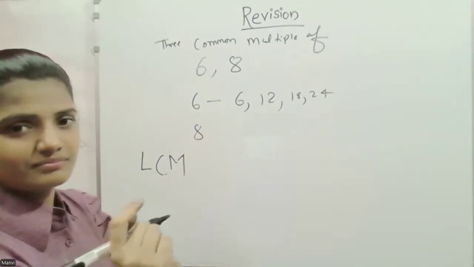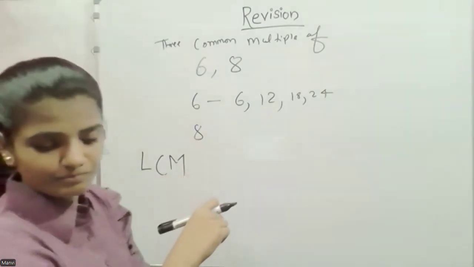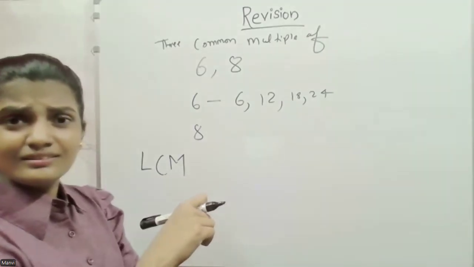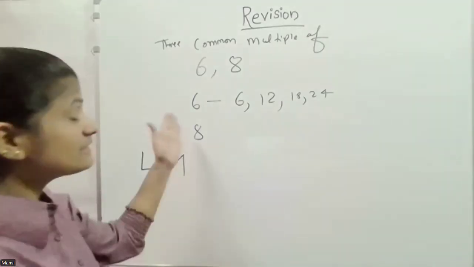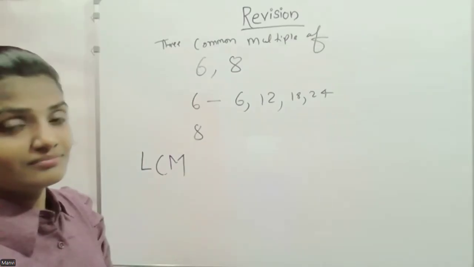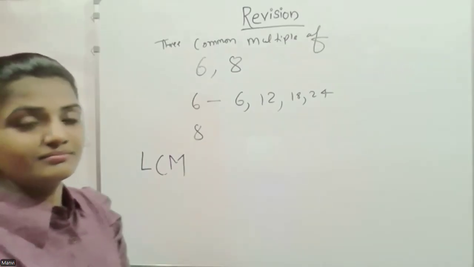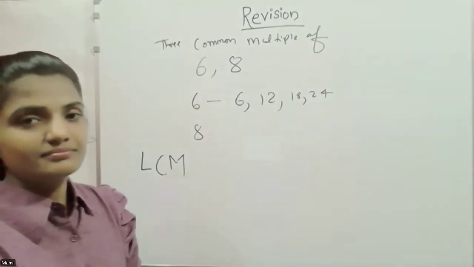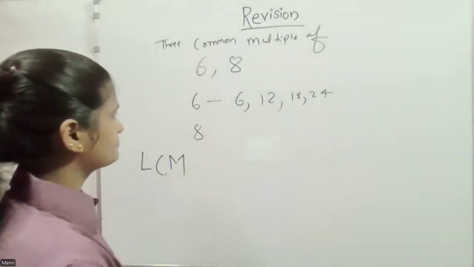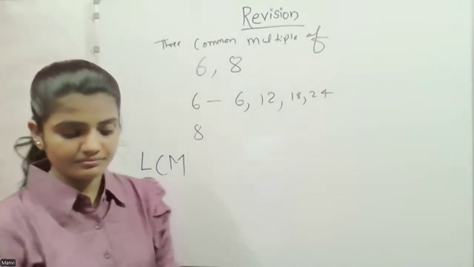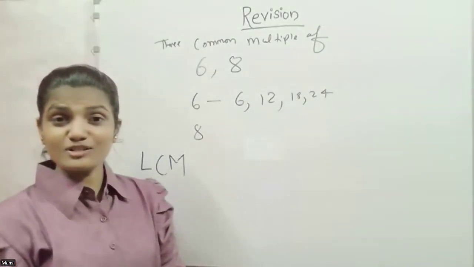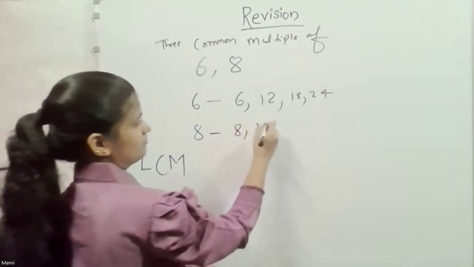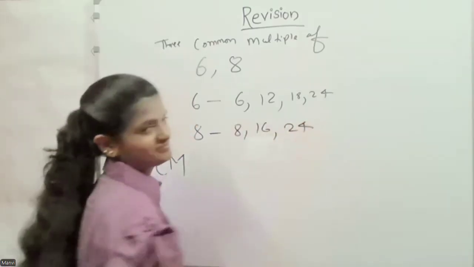A multiple is always bigger than that number, Kavya. Is the first number 48? No. Oh, the first number is 24. 24.